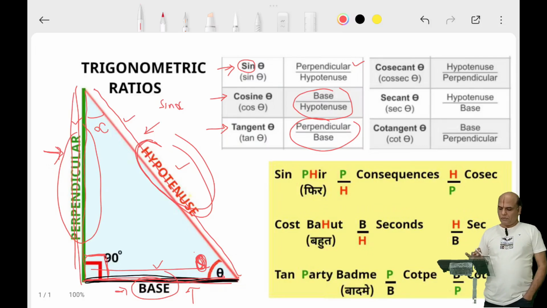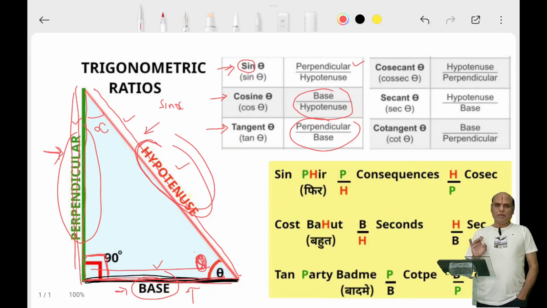So when you identify hypotenuse, base and perpendicular of any angle in a right triangle, the fundamental ratios are sine of that angle, that is sine theta, is perpendicular by hypotenuse, cos theta is base by hypotenuse, tan theta is perpendicular by base. So these are the fundamental ratios.